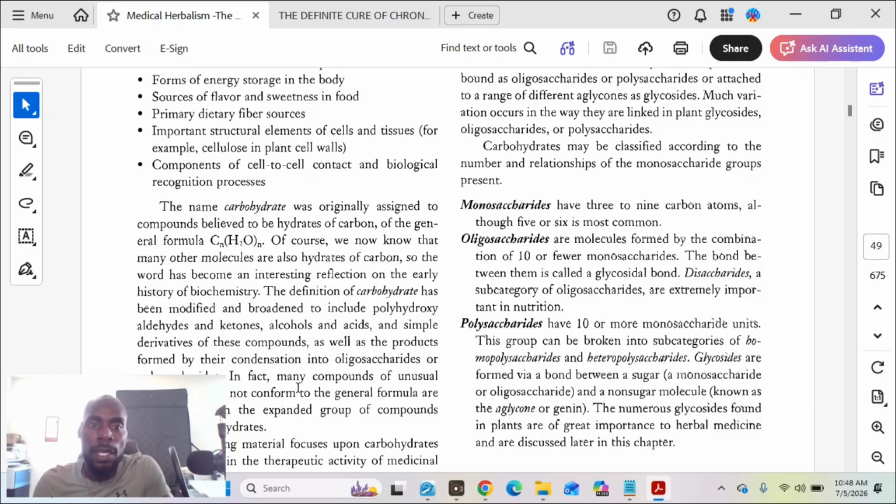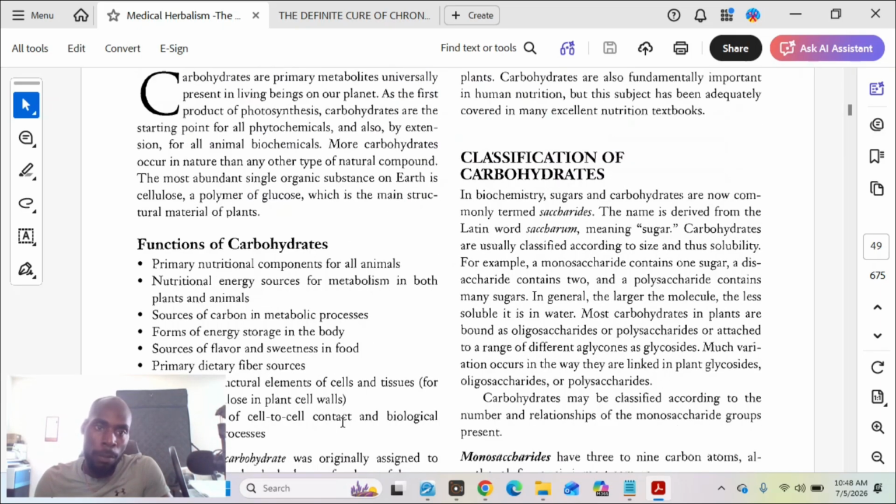In fact, many compounds of unusual structure that do not conform to the general formula are now included in the expanded group of compounds known as carbohydrates.